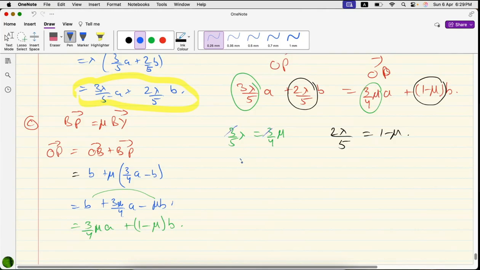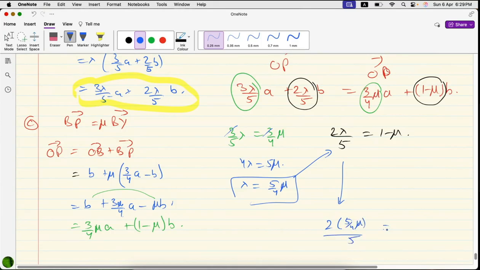3 cancels out, go cross multiply, making lambda the subject. And we can substitute this in the other equation. So 2 into lambda, which is 5 by 4 mu, over 5 is equal to 1 minus mu.